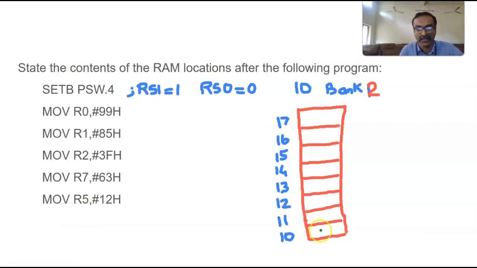R0 will have 99, R1 will have 85, R2 will have 3F, R7 will have 63 and R5 will have 12. So these are the values of the RAM location after this program. The important one is this instruction. You have to see which bank is selected. Accordingly, you have to change the values of the RAM location.